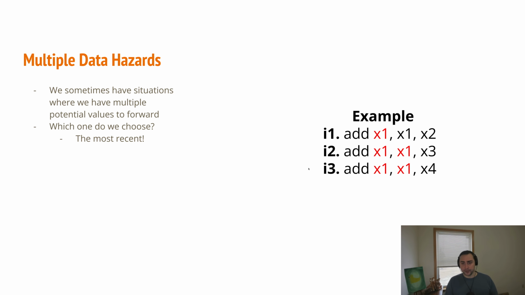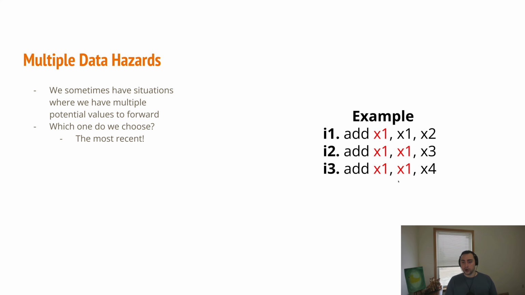We have to remember that pipelining is really just an optimization, and our instruction set doesn't really have a concept of pipelining. We're just thinking of this in terms of logical operations. So I do this add, I've updated x1. When I'm doing the second add, I'm expecting x1 to be this updated value. And likewise, when I'm doing this third add, instruction 3 right here, I'm expecting instruction 2 to already be done and updated x1.